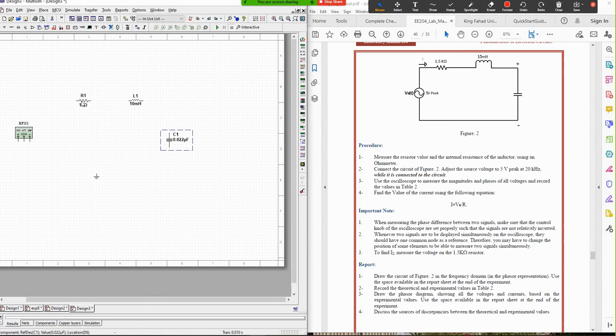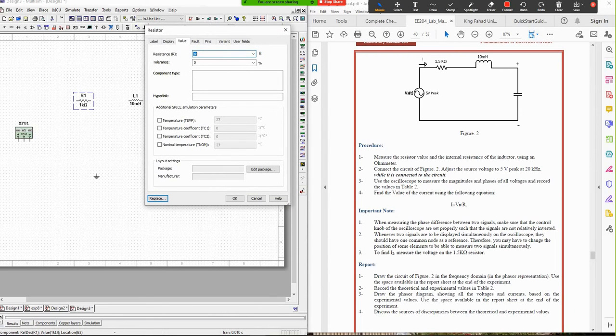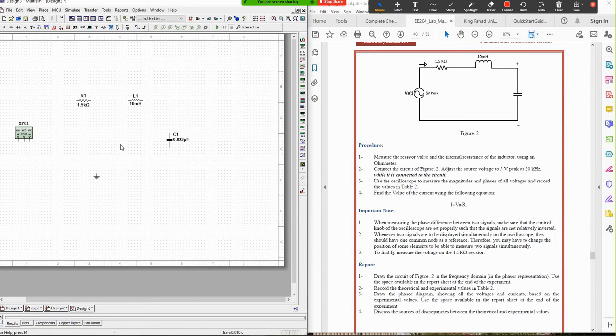The value of the resistor we need is 1.5 kilo. Click OK. So now we can change the orientation of this function generator by pressing Ctrl R as well.